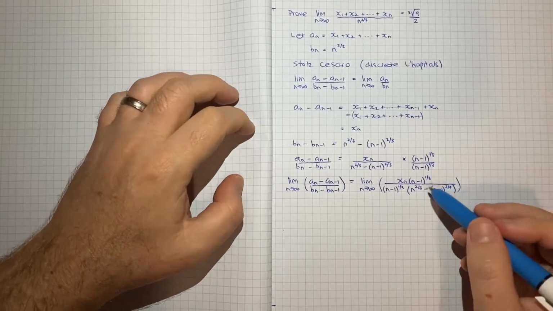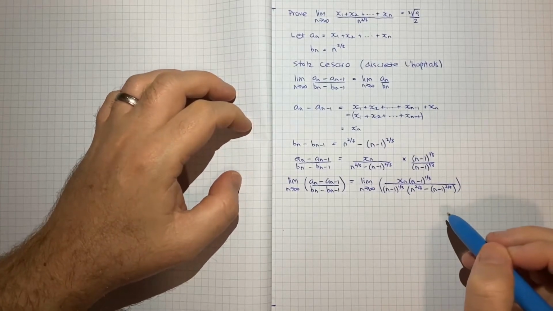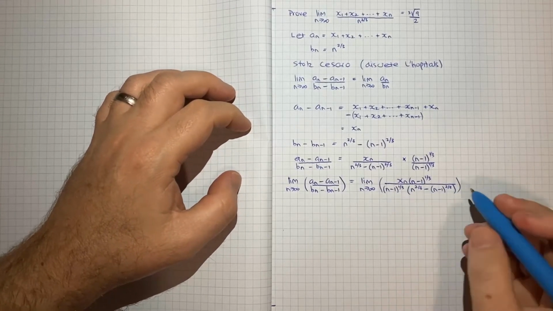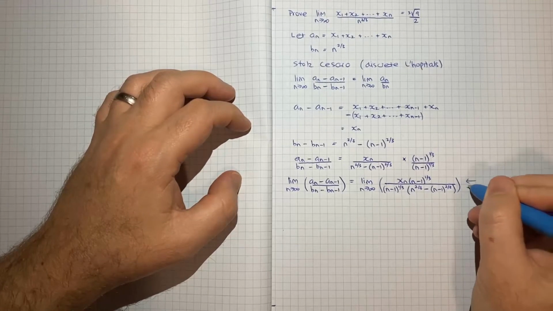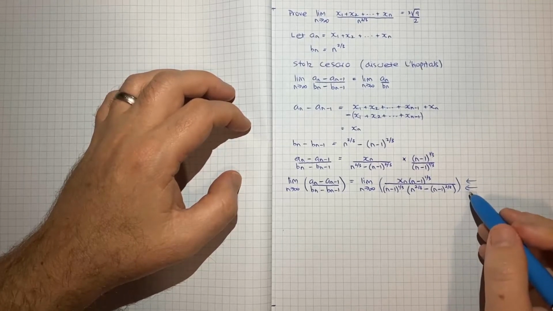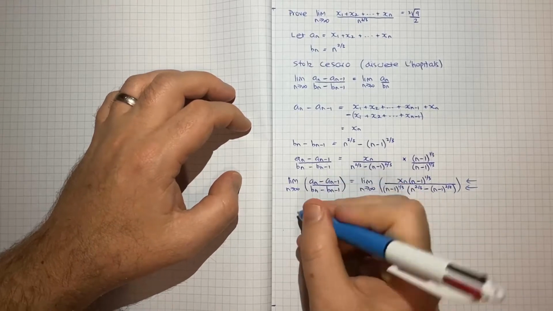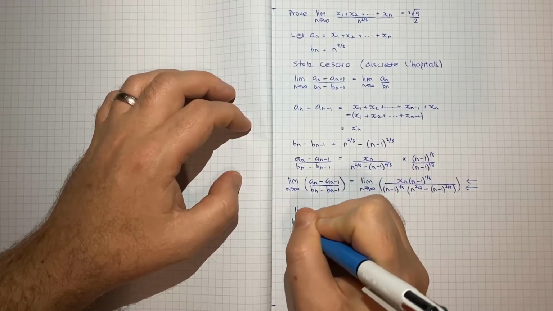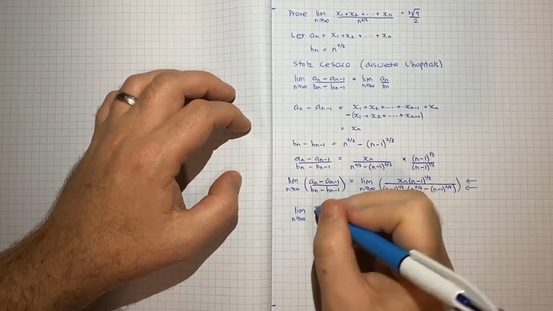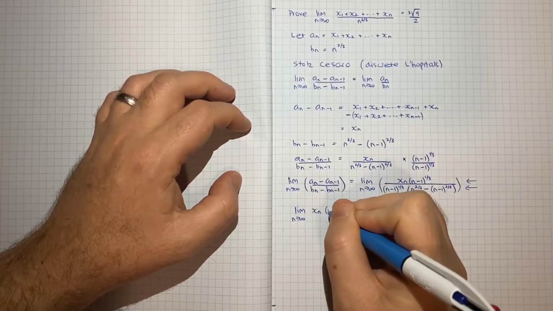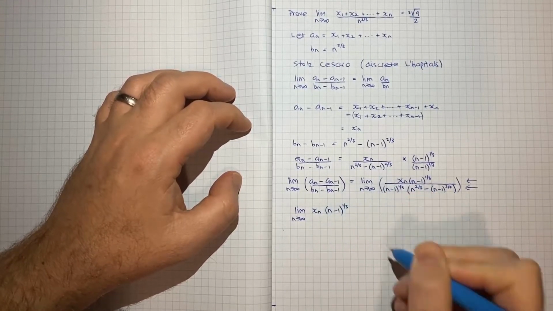So, now what do we do? The way we can break this up is to think about the numerator and denominator separately. So, step 1, we can think about what is the limit as n goes to infinity of xn times n minus 1 to the power of 1/3.